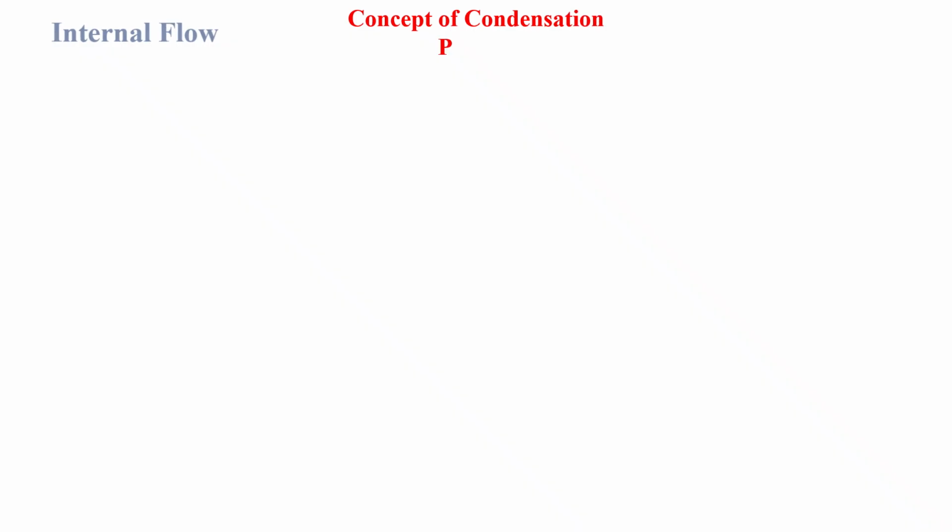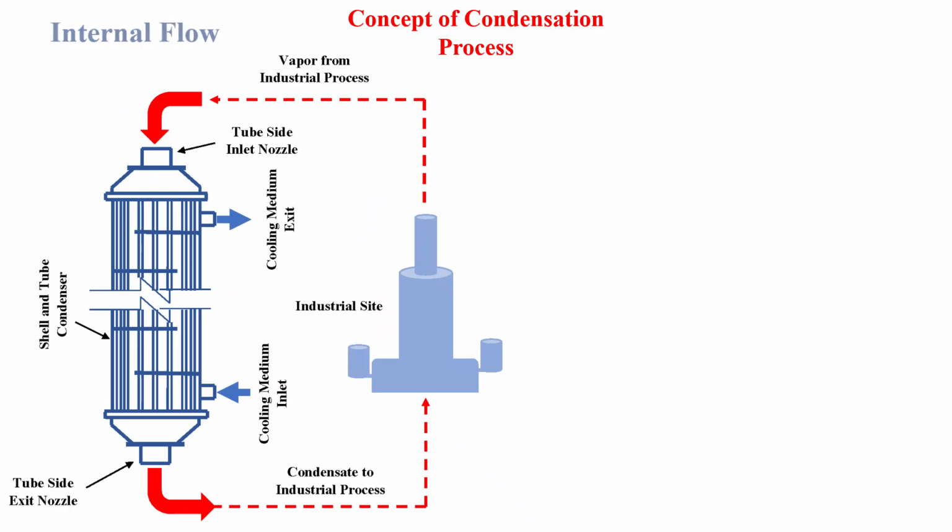The concept of condensation process in vertical tubes can be described by using this illustration. Let us consider an industrial site where a condensation process occurs in a vertical orientation heat exchanger as shown here.